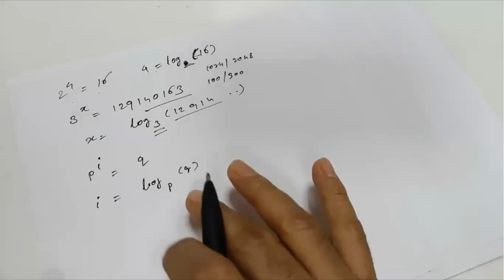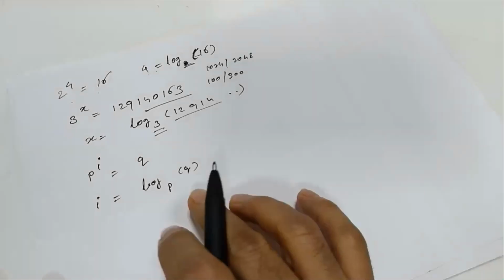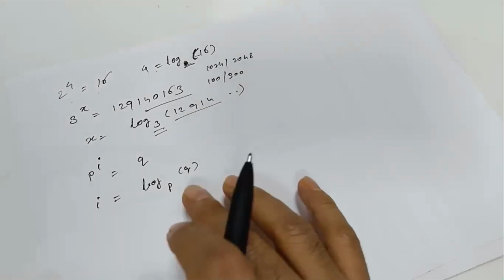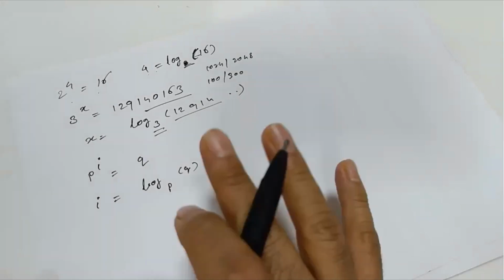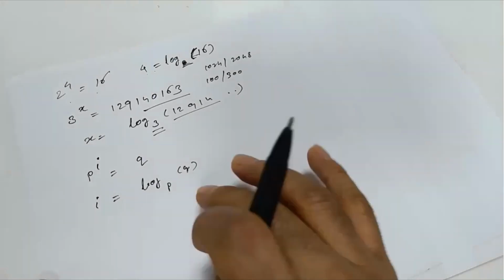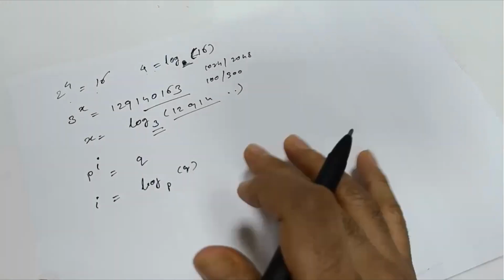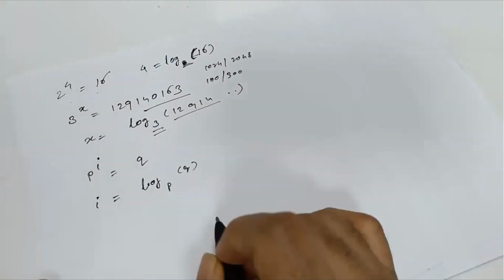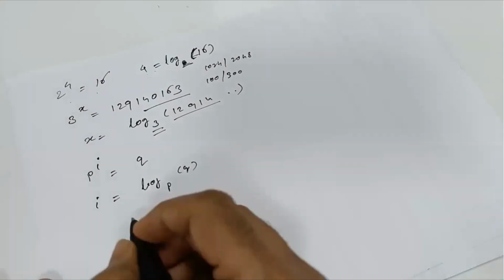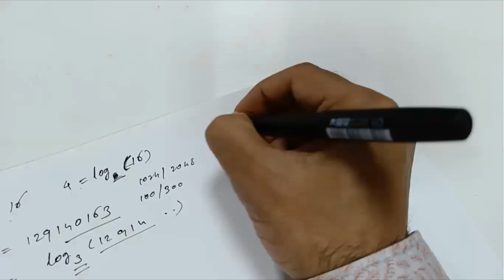Now this is a very simple thing. You might have studied it a long way back, but this is just a brush up of logarithm. This is not the one which we are going to study today. The one which we are studying today is discrete log.